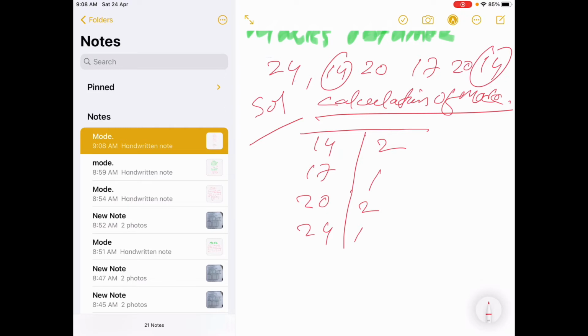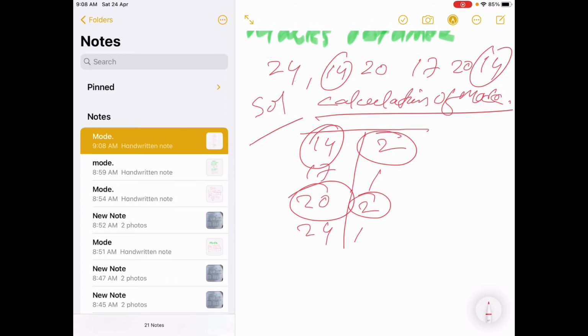So which one is more? 20 is occurring 2 times and 14 is occurring 2 times. So there is no specific mode here, because two variates are occurring the same number of times.